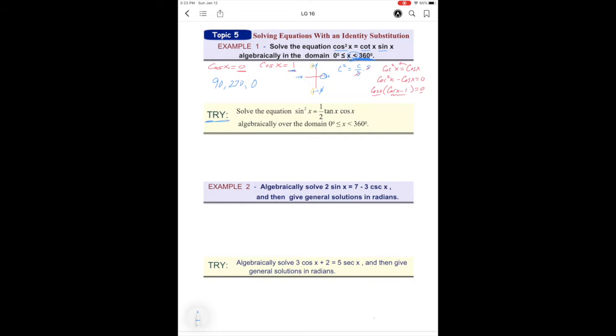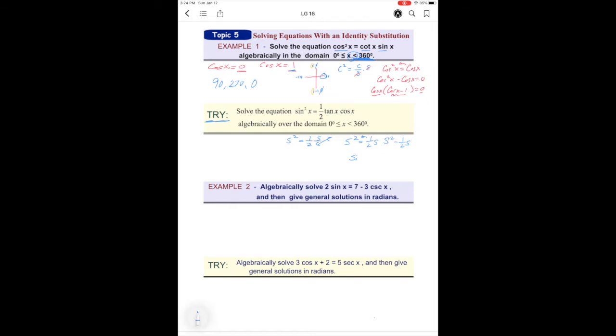So now we have sine squared x equals a half, tangent x times cos x. S over c is tangent times c, it's gone. So we have sine squared x equals 1 over 2 sin x. Move that over. So sin squared x minus 1/2 sin x equals 0.